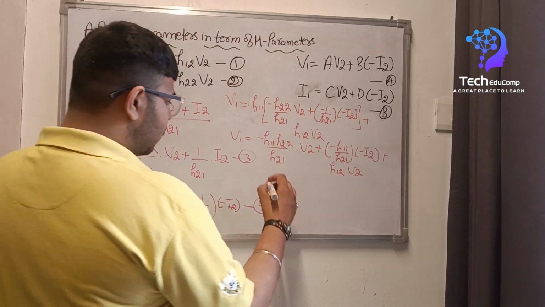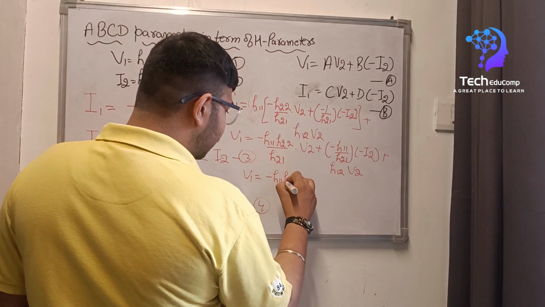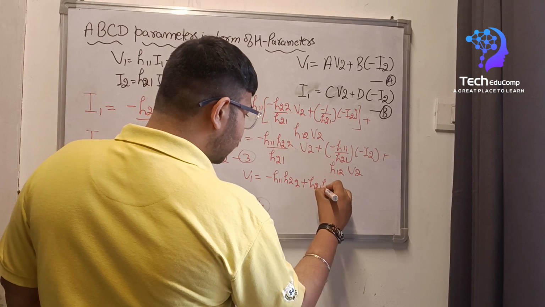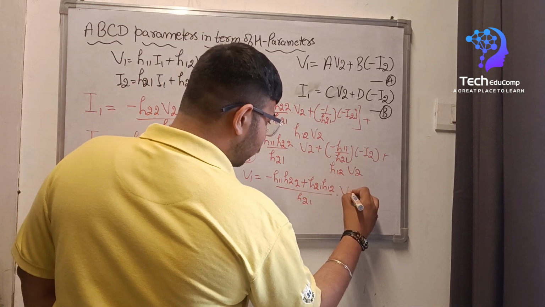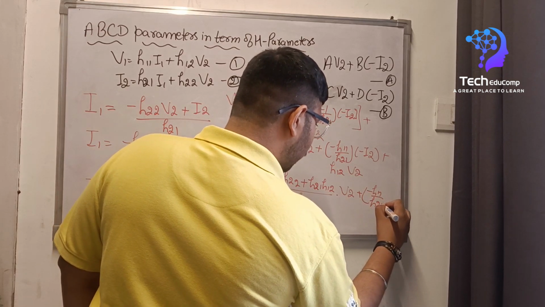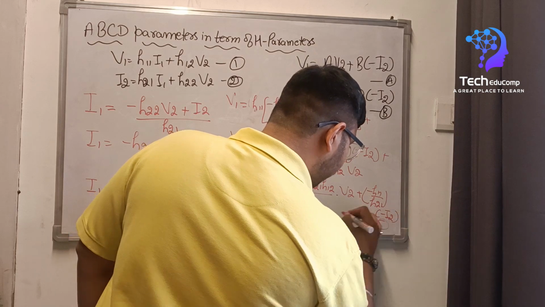Now taking the LCM, I will get V1 equal to minus of H11 into H22 plus of H21 into H12 upon H21 into V2 plus of minus H11 upon H21 into minus of I2. This is equation number 5.